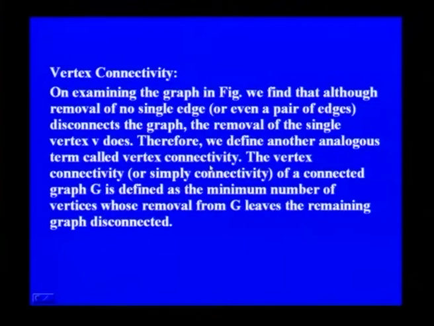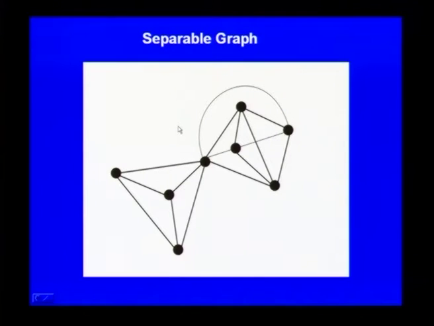So, let us define vertex connectivity in a proper manner. If you look at the graph, we find that although removal of no single edge disconnects the graph. Here, if you remove any one single edge, the graph will not be disconnected. If you remove these 3 edges, it may become disconnected.